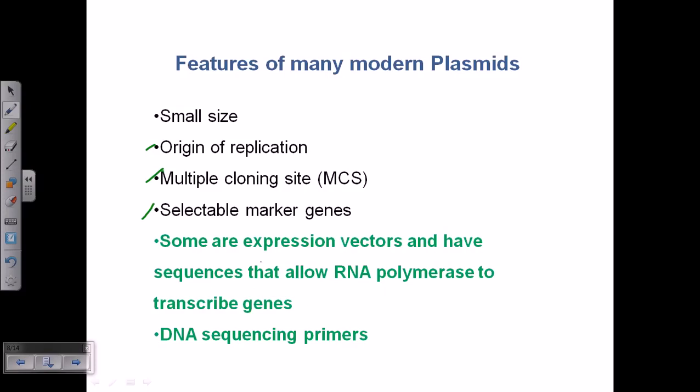So sometimes they must act as both cloning vectors as well as expression vectors. What are expression vectors? We'll be seeing later. They must have the sequences that allow RNA polymerase to transcribe those genes and then translate those genes into protein products. And also they must have the DNA sequencing primers in them. So nowadays these two criteria are also being maintained to make a good vector.